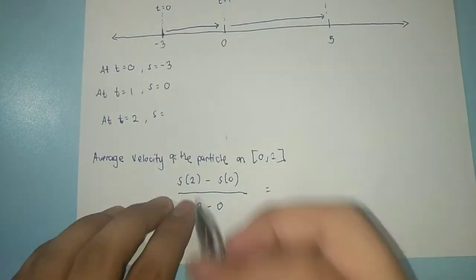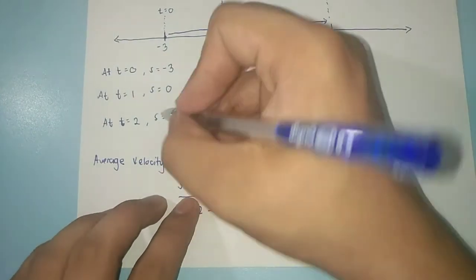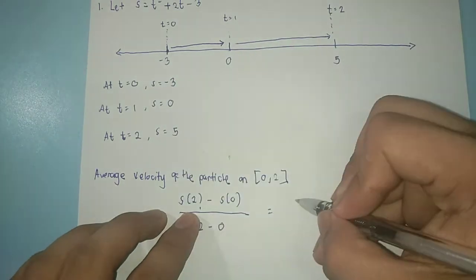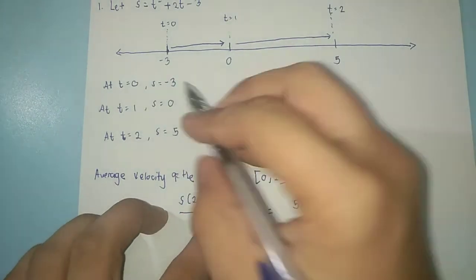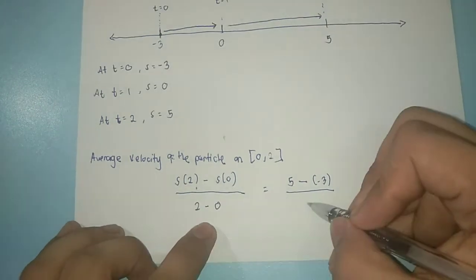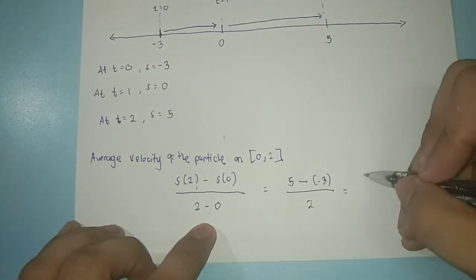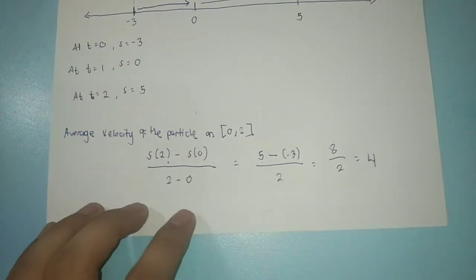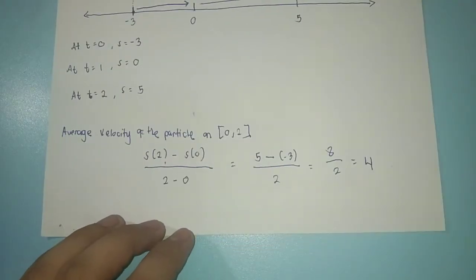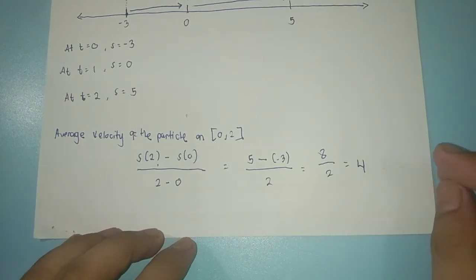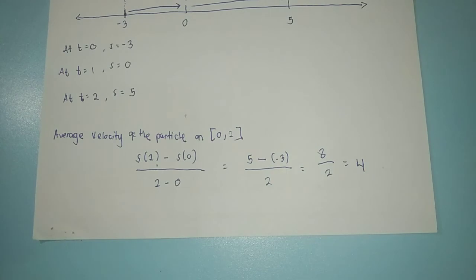What is s of 2? That is 5, minus s of 0, which is negative 3, over 2 minus 0, that is 2. So 5 minus negative 3 is 8, over 2 is 4. So the average velocity is 4 units per second.